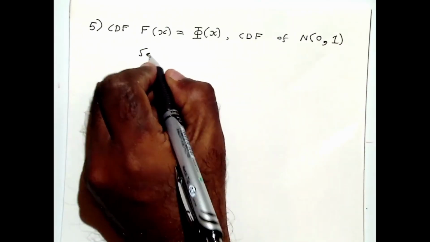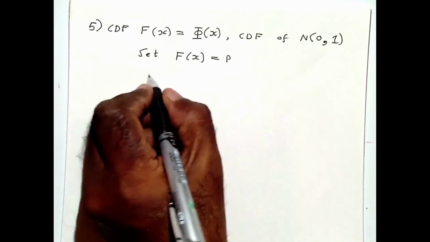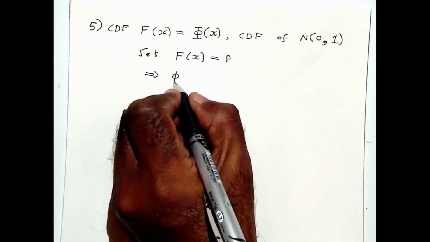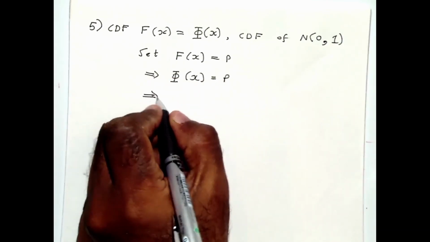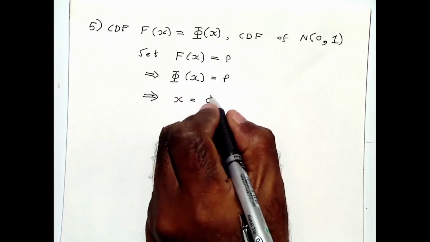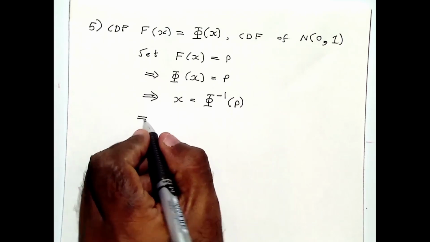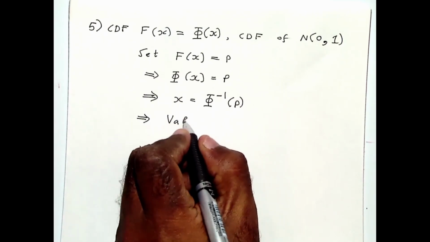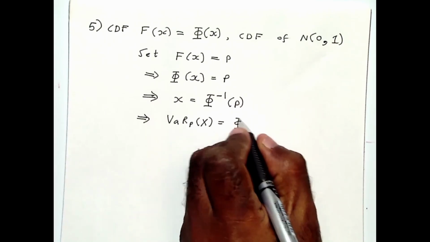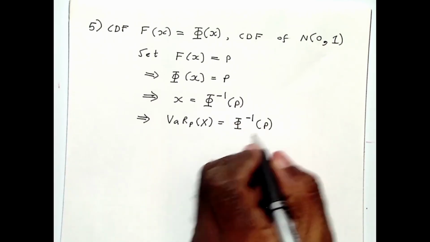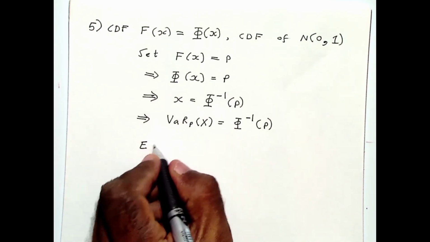So in order to find VaR, you set F(x) equal to p, same as phi(x) equal to p, and this is the same as x equal to phi inverse at p. Hence the formula for VaR is this.